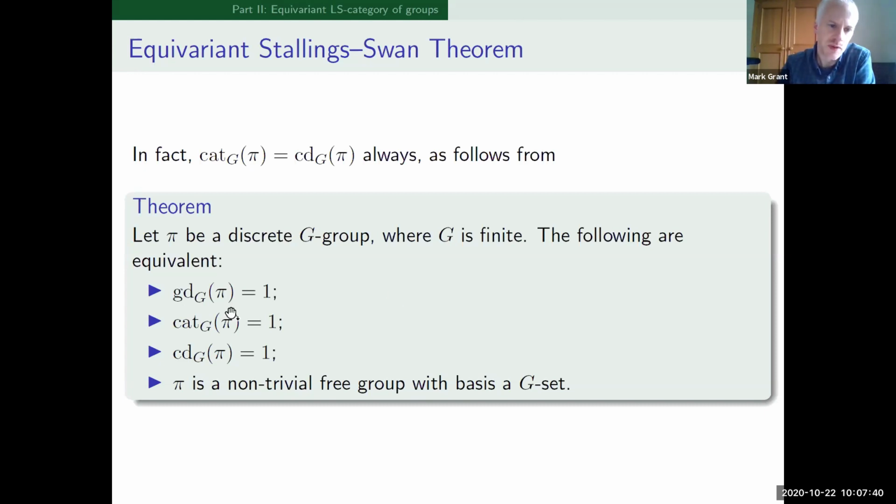So equivariant geometric dimension 1 is equivalent to equivariant category 1, is equivalent to equivariant cohomological dimension being 1.